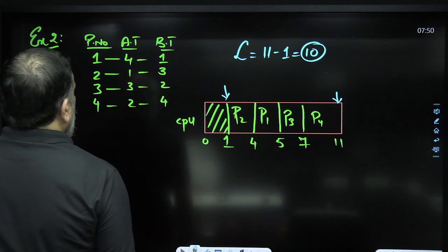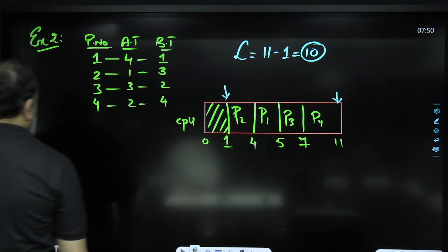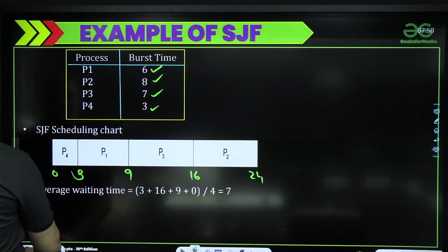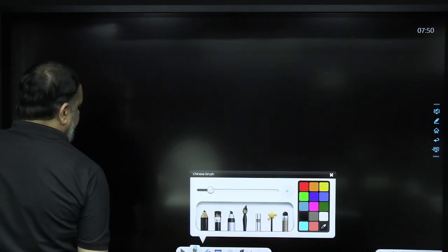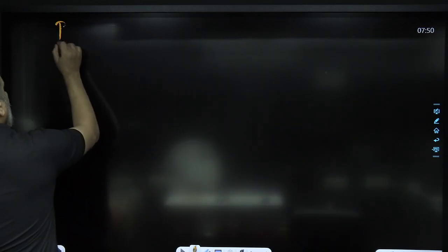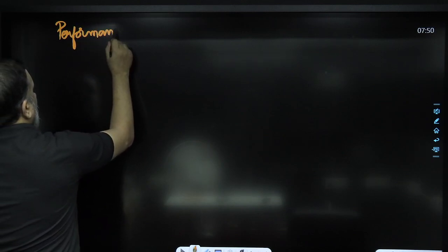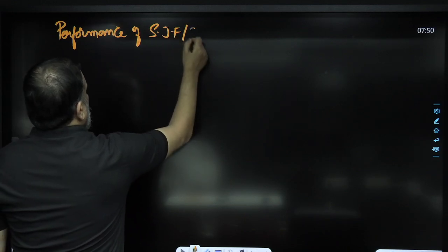So essentially, as we said, shortest job first is supposed to be the optimal algorithm. Why is it called optimal algorithm? Let's analyze here. For that, I will write a small heading, performance of SJF, or SPN.